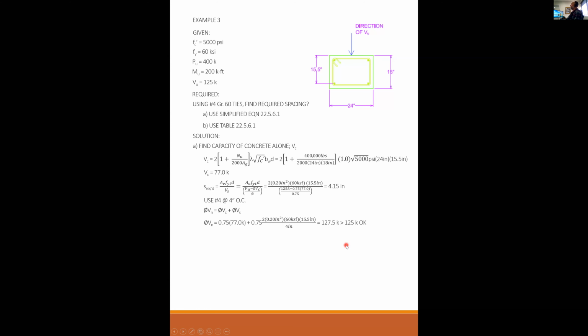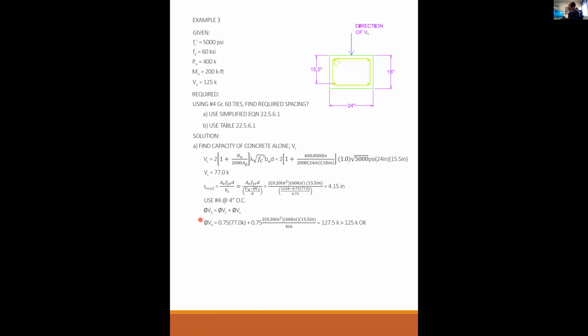Can't say this enough times. Well, maybe you think I can, but I'll say it anyway. When you get to this point, you as the designer have made a choice. You said, I can't space them any more than 4.15 inches apart, so I'm going to put them at 4 inches on center. That's your choice as the designer. After you have made your choice, you must do these last 2 steps.